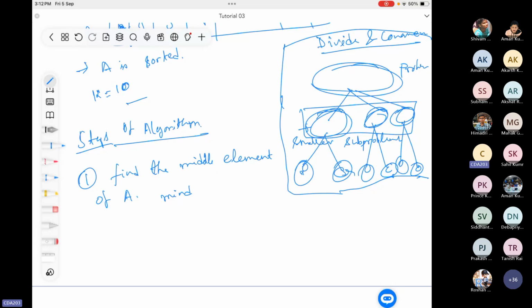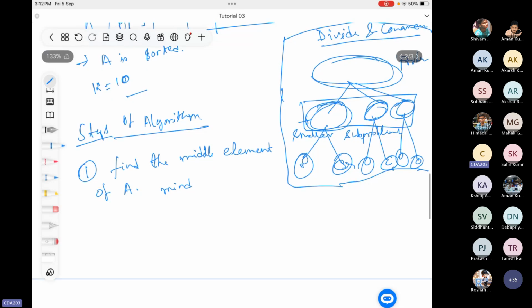Today I'm starting with binary search. Let mid be the middle element.